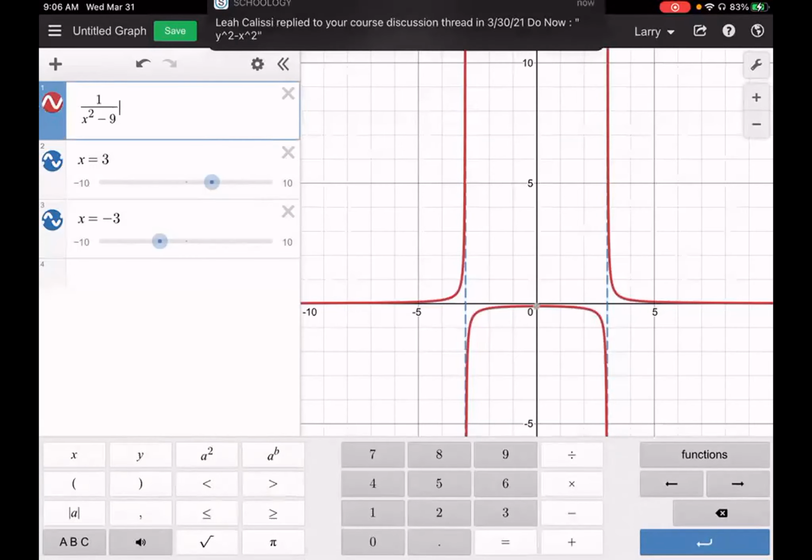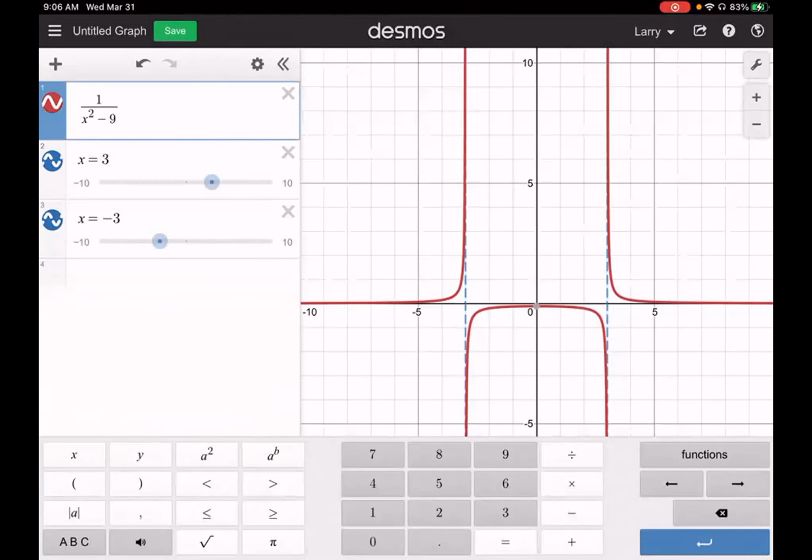Okay, so the first one, let me pull those notes back up for myself on my phone. I forgot what the numerator of the first one was.